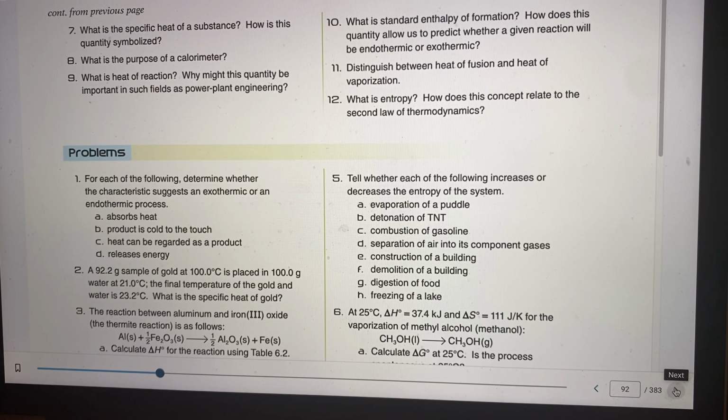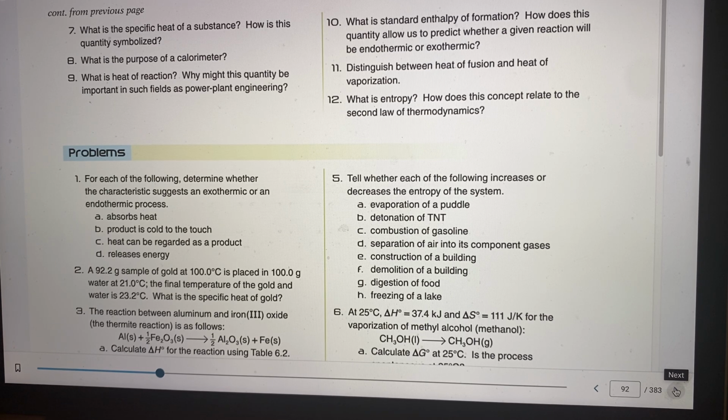So what is the specific heat of a substance, and how is the quantity symbolized? Specific heat is the heat required to cause a unit rise in temperature. Some substances require little and some require more.